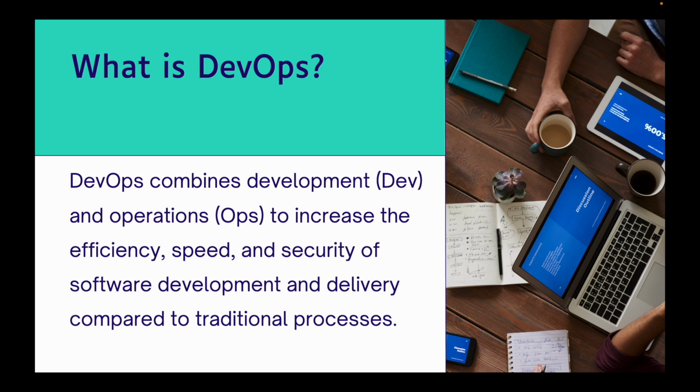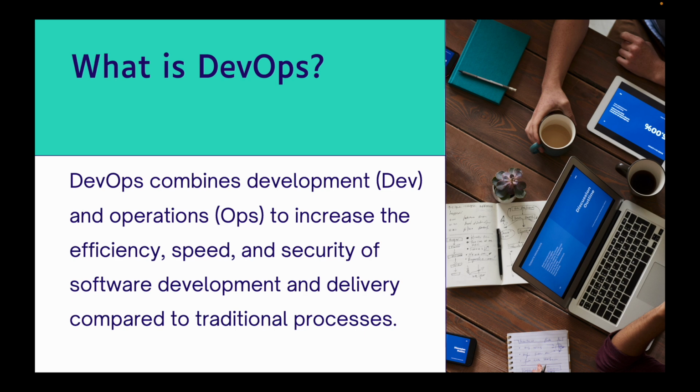Now, what is DevOps? It has two names inside it. Dev refers to development and ops refers to operations. Now, these two things, development and operations, are combined. What they do is increase the efficiency, the speed, and the security of software development and delivery.